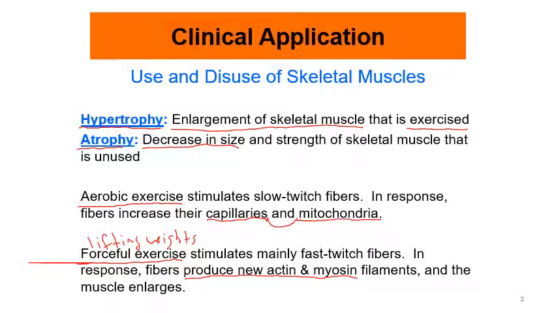If you add more of these filaments to each of those muscle fibers, then the muscle gets thicker, larger, and stronger as a result. Okay, so know the difference between these two. It's not that one doesn't happen in the other type of exercise, but if you do more aerobic exercise, capillaries and mitochondria increase, and with forceful exercise, actin and myosin proteins increase.